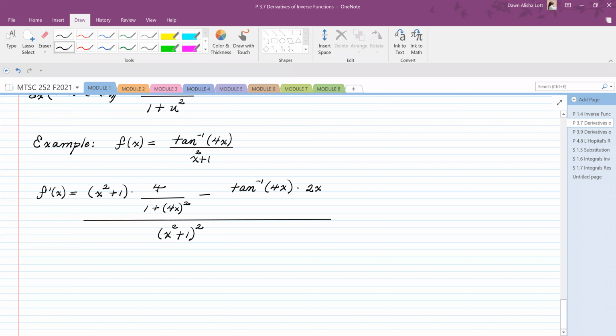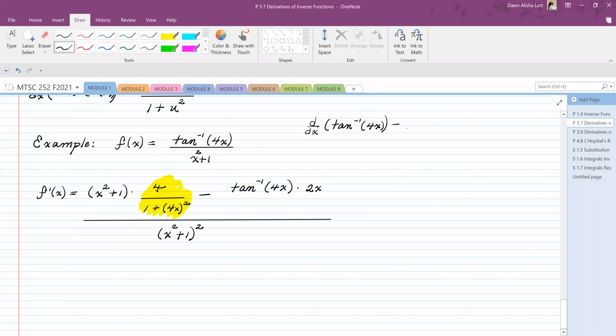I don't care how you figured it out, but this right here, this whole thing in yellow, is the derivative with respect to x of the tan inverse of 4x.